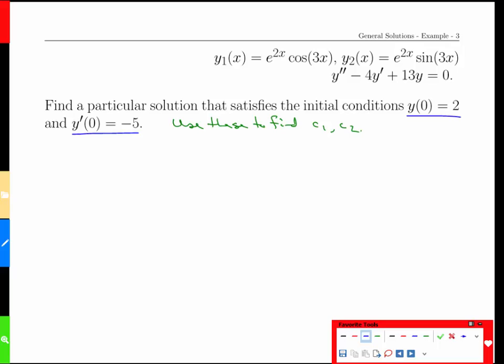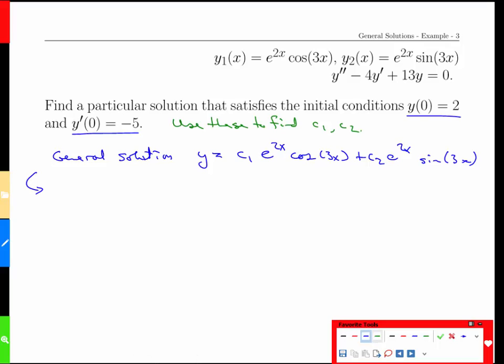So this is simply a matter of subbing in. We have our general solution, and from that general solution we have C1 e to the 2x cos of 3x plus C2 e to the 2x sine of 3x. From that we can plug in y of 0 equals 2.